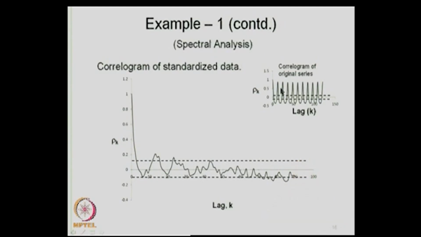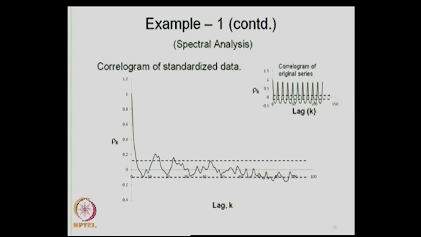The periodicity seems to have been removed in the standardized series, but this can be verified through the spectral density. So, the correlogram shows that the statistically significant periodicities have all been removed, and most of the correlations here, except for the really early ones, are statistically insignificant.